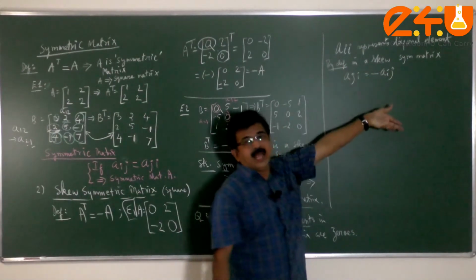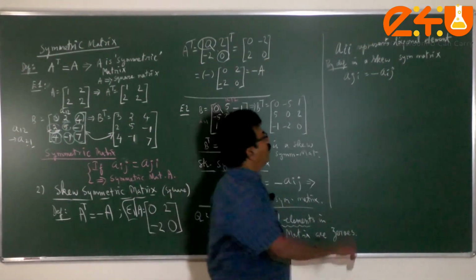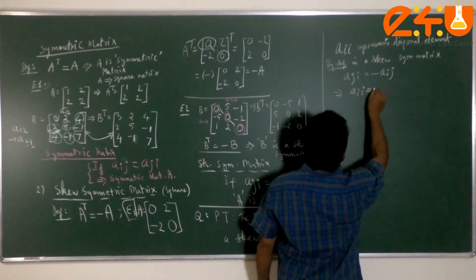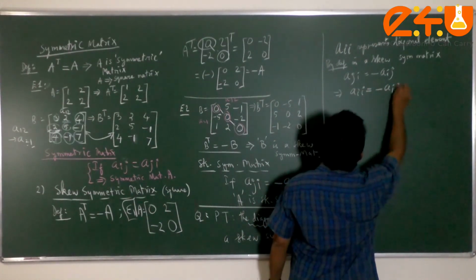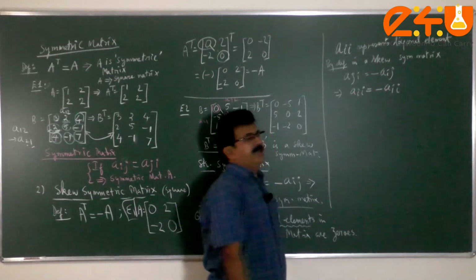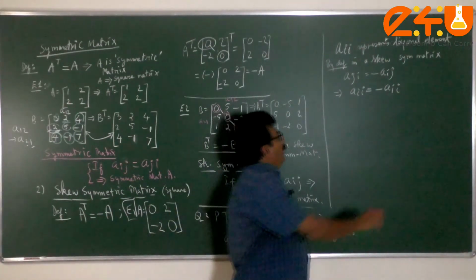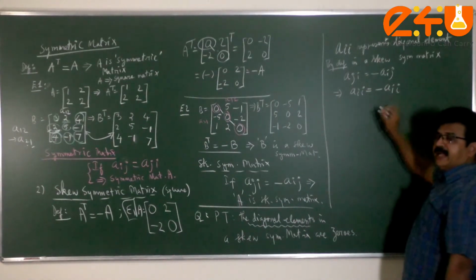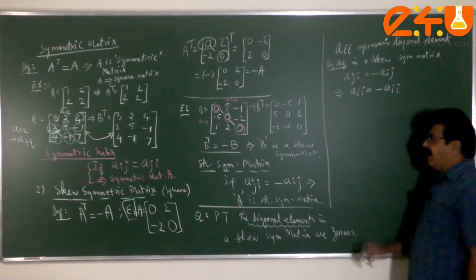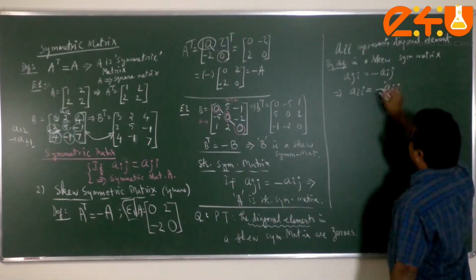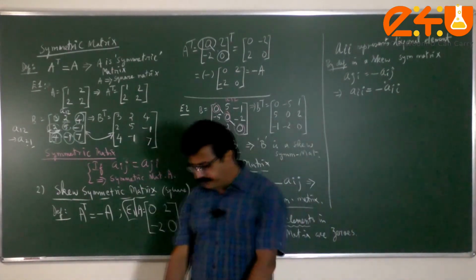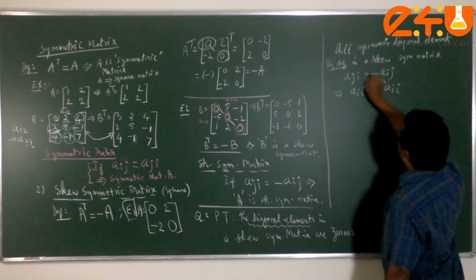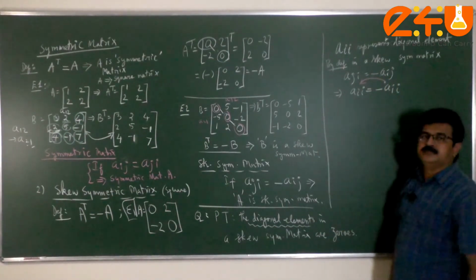That definition applies for diagonal elements also, which means Aii is the same as negative of Aii. You can find Aii and negative Aii are like terms. I can combine them, so let me transpose negative Aii to the LHS.